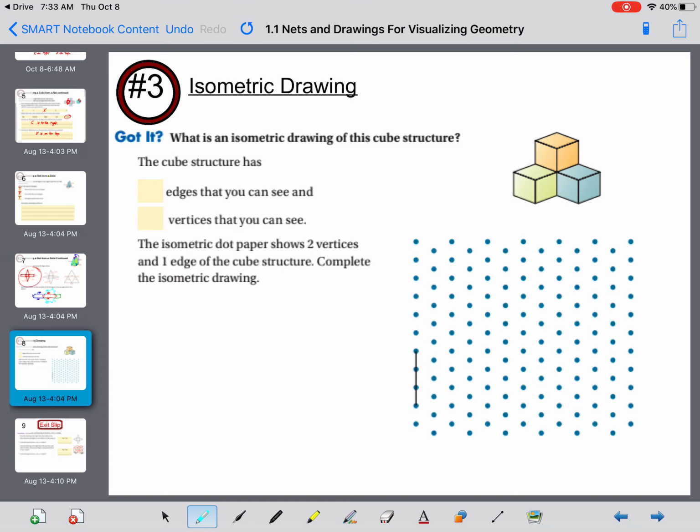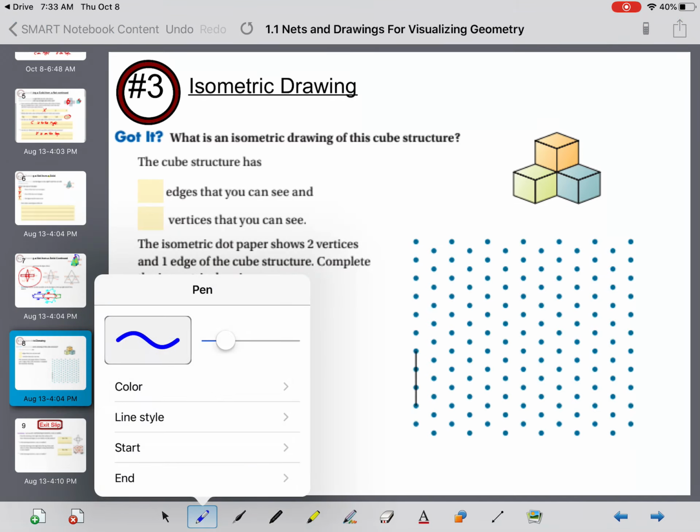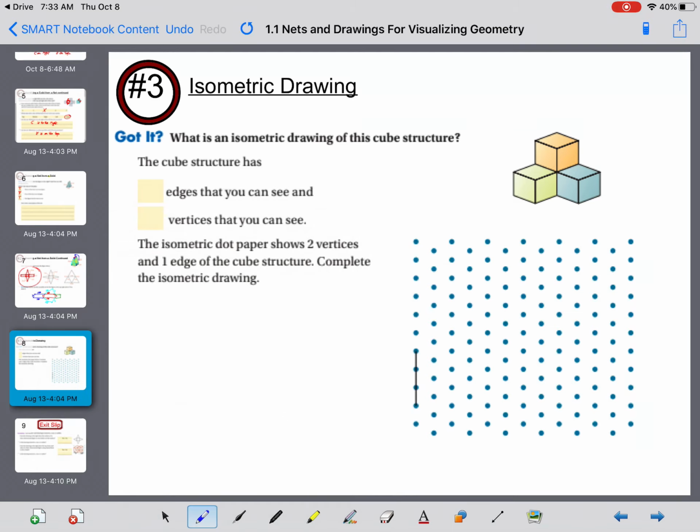Number 3, isometric drawing. What is an isometric drawing of this cube structure? So, if you notice, the cube has how many edges that you can see and how many vertices that you can see. Well, edges, I see 12, right?